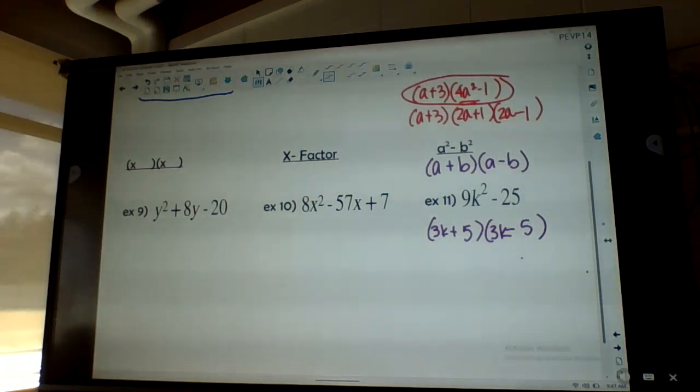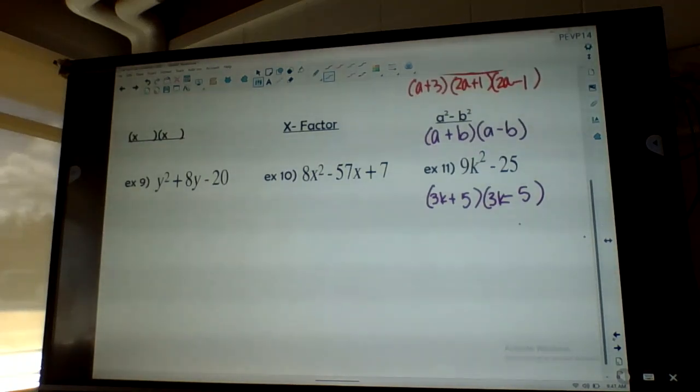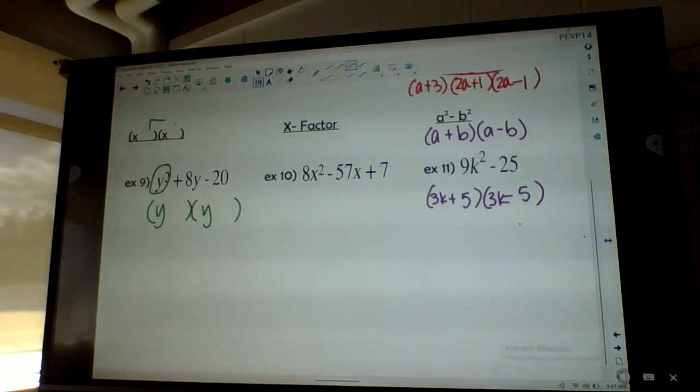All right, the next two types are both types of factoring when there's only 3 terms. So if there's 3 terms, it depends if there's a number in the front or not. So this first one here, this y squared is just by itself, so it's just going to be y and y. This is where we want to multiply to get c, but we're going to add to get b.